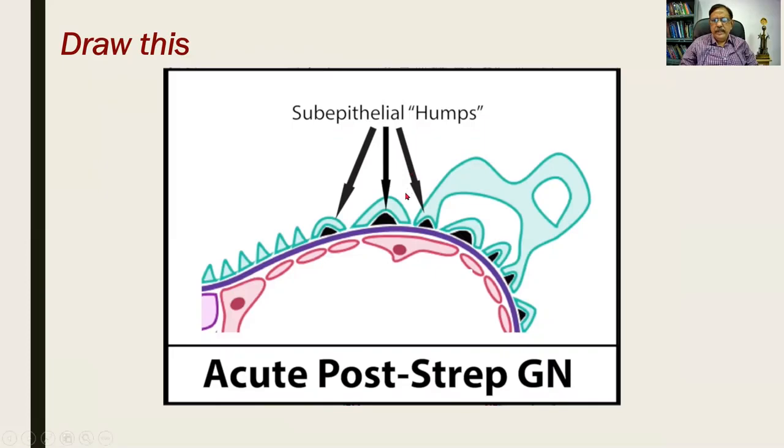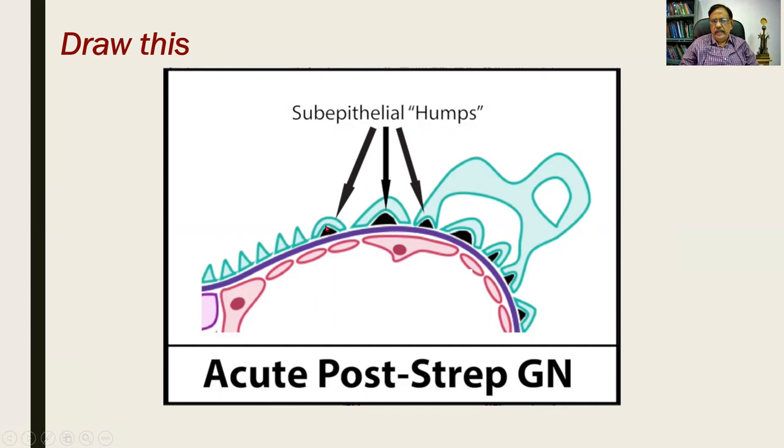And as I had mentioned earlier, this is the epithelium again. The same diagram will be repeated any number of times. This violet color is the basement membrane, and beneath the epithelium, you find that there are subepithelial humps, which is basically the antigen antibody complex which is getting deposited in the subepithelial region.